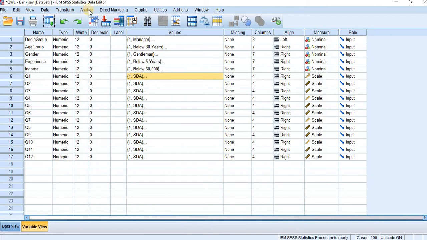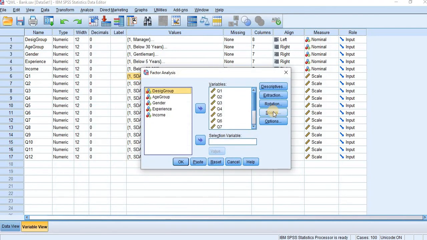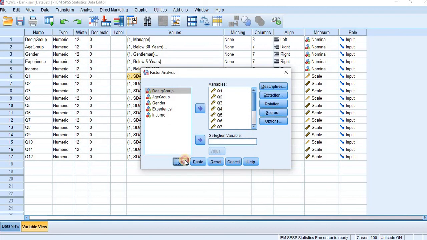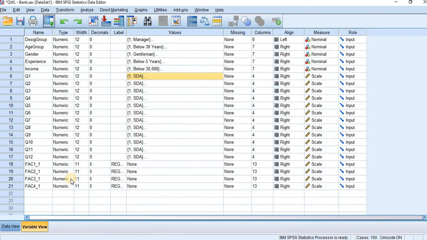And we have to save the factor scores. Already we have the factor loading process, but we didn't save it. We are saving it, that is a regression score. When we save this, we can get the 4 factors. See, now we are studying the quality work life of bank employees.